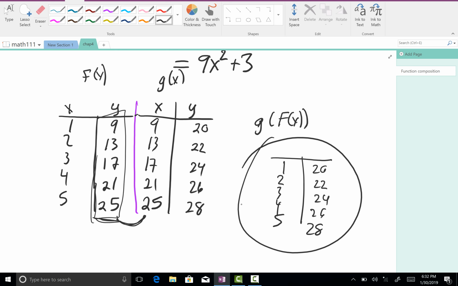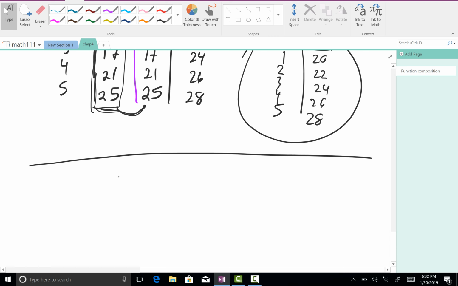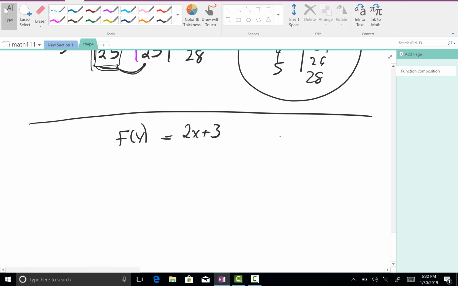Now, why is that kind of important? Well, let's take a look at something like this. Let's say that we have an f and it is 2x plus 3. And let's say we have a g that is the square root of x. Straightforward square root of x.